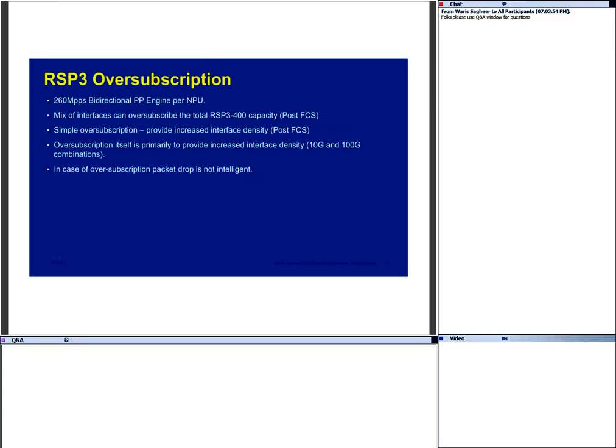The internal switching ASIC in RSP3, we call it the carrier Ethernet ASIC, because ASICs are built based on the requirements of a carrier Ethernet or mobile backhaul network today.